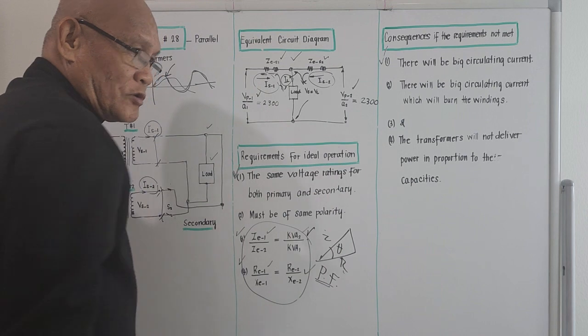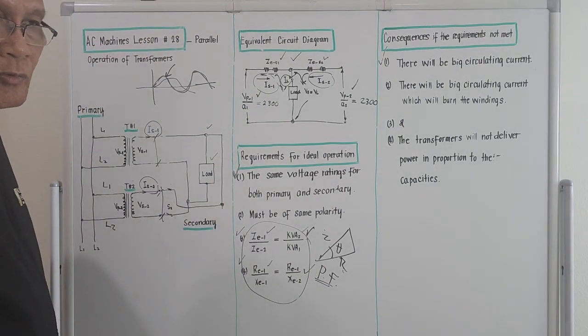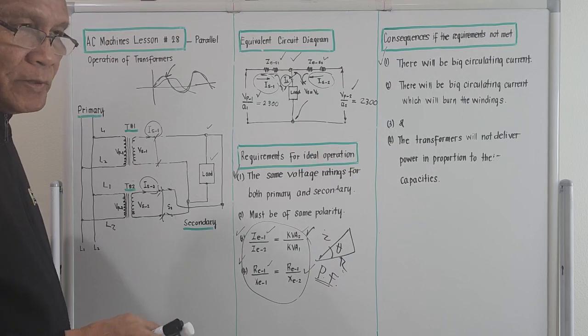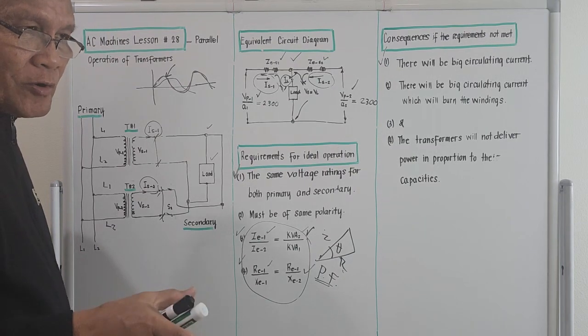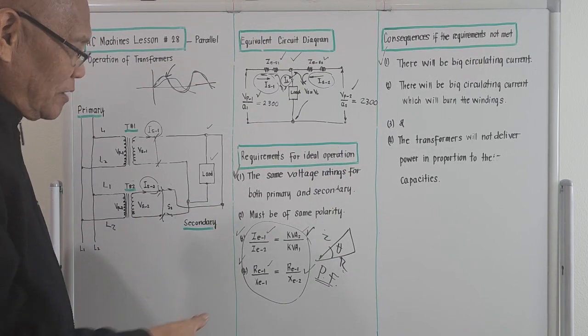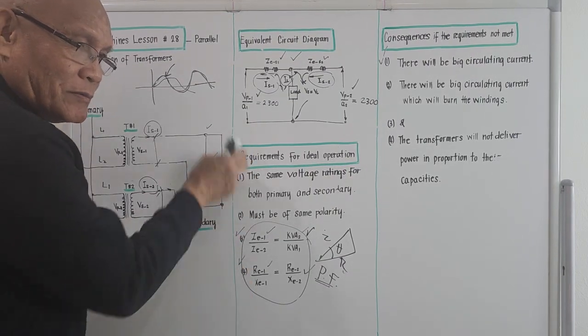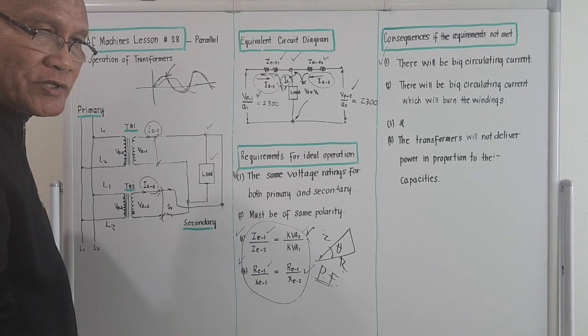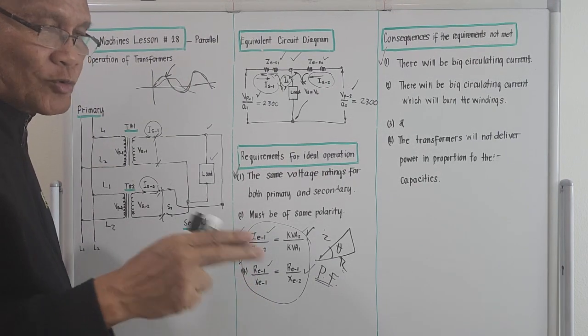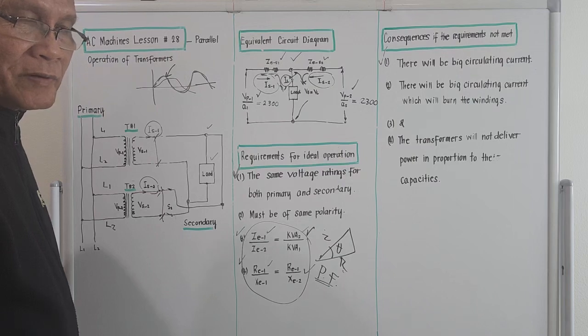So design engineers would like to know how much the circulating current will be just in case the four conditions are not met. Because the worst case scenario is that if there is a circulating current, how much will the current be? Right?